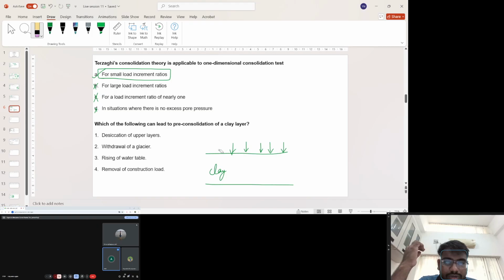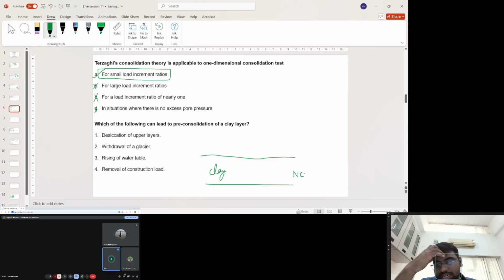See, now this is a clay layer, right? It has not undergone any stress, it is in an NC state. Without external load we cannot determine the NC state. While glaciers form, it undergoes some settlement and behaves as a normally consolidated clay.